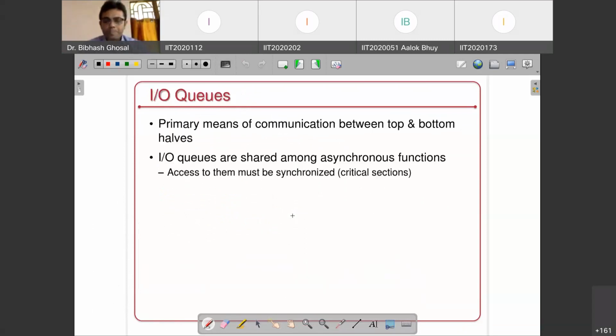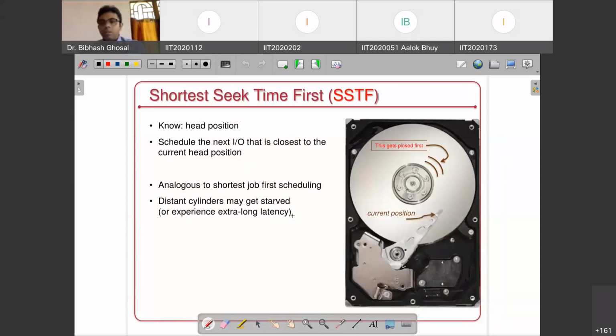I hope all of you are aware of the device called the magnetic disk, or what we commonly call the hard disk. This is the picture that shows the hard disk. Let me simplify that further so that it becomes easier for you to understand.